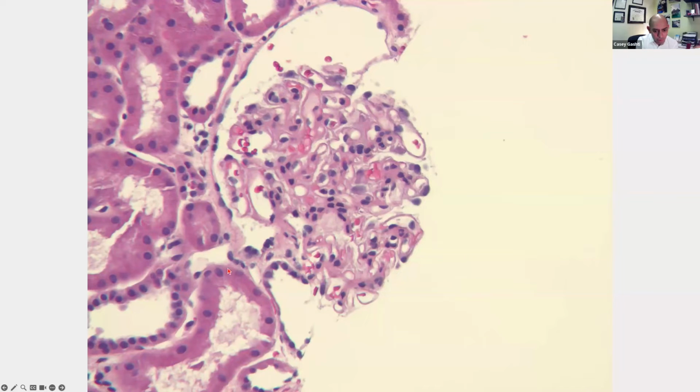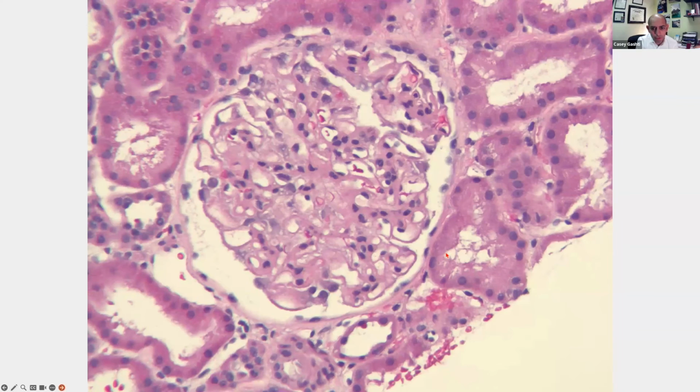Tubules. This is a proximal tubule. Here at least there's a little bit of a loss of brush border, but I'll just look at the bigger picture here. Here's another glomerulus. Again, there's mesangial hypercellularity. You can see here at about 8 to 9 o'clock, there's thickening of the capillary walls here as well.